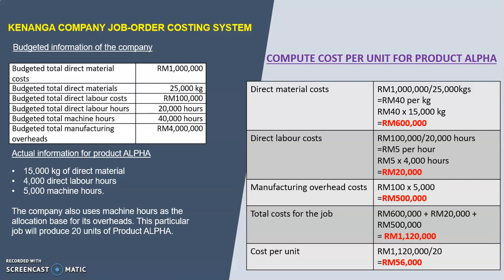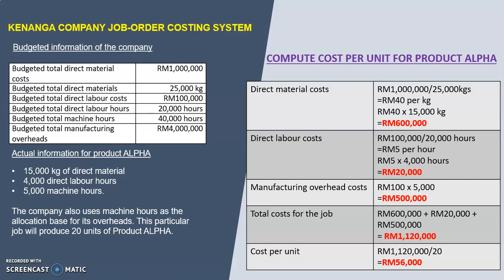The next one is direct labor cost. The budgeted amount is RM 100,000. The budgeted total direct labor hours is 20,000 hours. So RM 100,000 divided by 20,000 hours, you get RM 5 per hour. And product alpha uses 4,000 direct labor hours. So RM 5 times 4,000, you get RM 20,000.